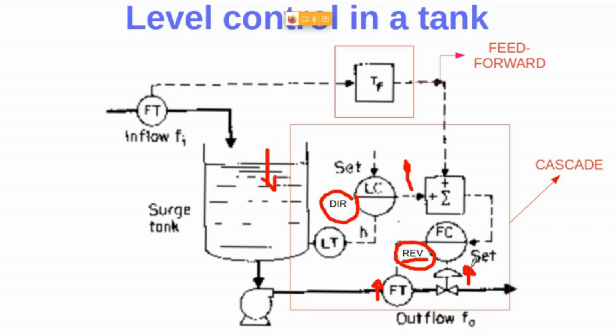When you increase the input, the output, the effect, that is the level in the tank, decreases. So that's why we use a direct controller action, because we have a negative relationship between the input of the process, that is the opening of the valve, and the effect, that is the level, because we are now considering the level controller.